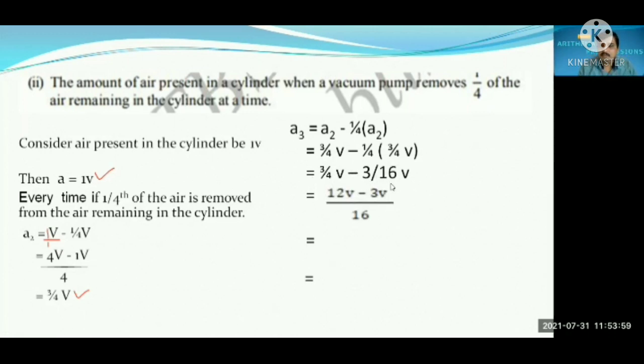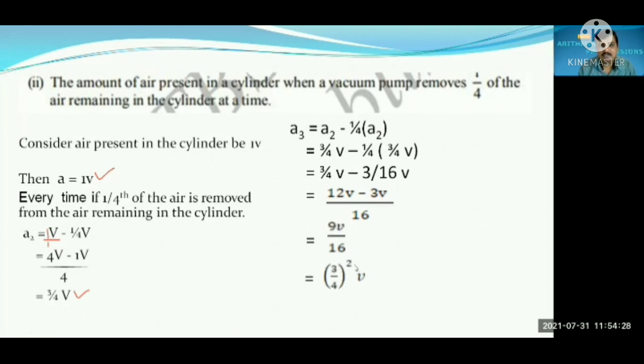Now the denominator here is 4 and there it is 16. 16 is a multiple of 4, so take 16 as the LCM. Then 4 fours are 16, multiply 4 into the numerator and you get 12V. Here 16 is the denominator, so there is no change in the numerator, it stays 3V. So 12V minus 3V gives 9V divided by 16.